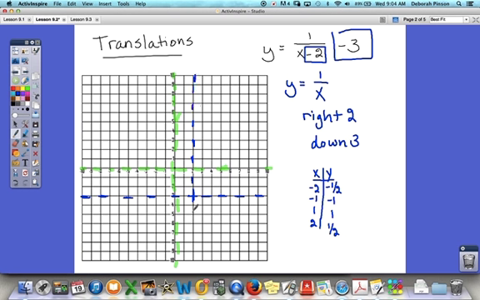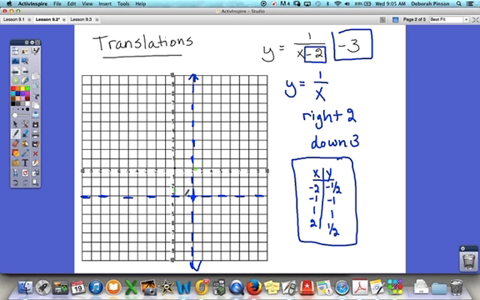I'm going to do that first this time because from here I can sketch in my parent function already moved over. Think about this, okay? I'm going to graph my parent function points. Those should be graphed from 0, 0. I'm going to treat this right here like it's 0, 0.